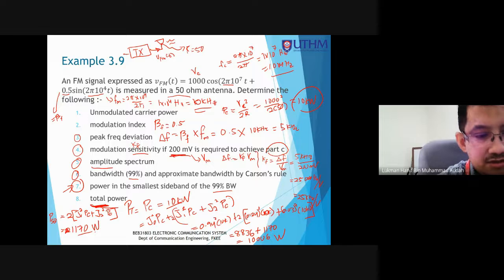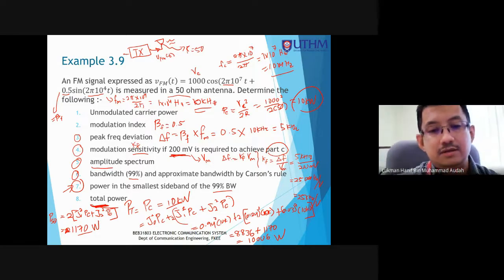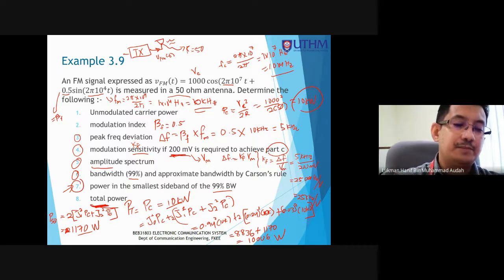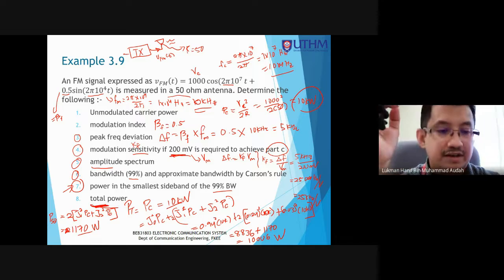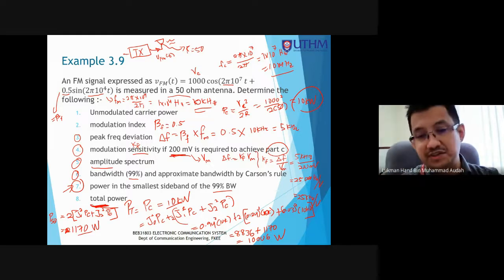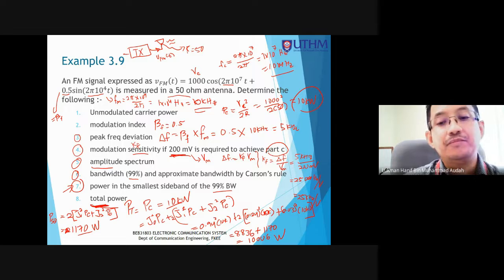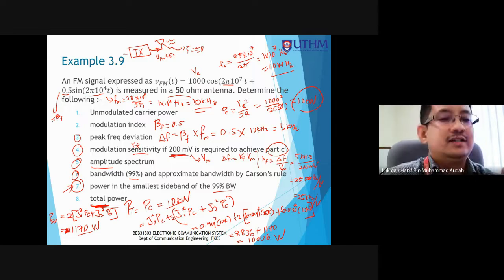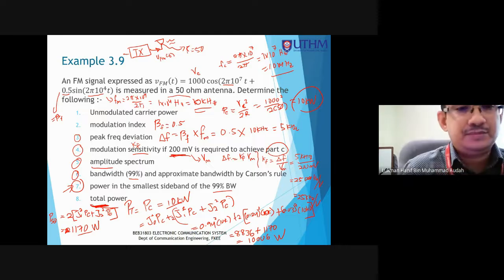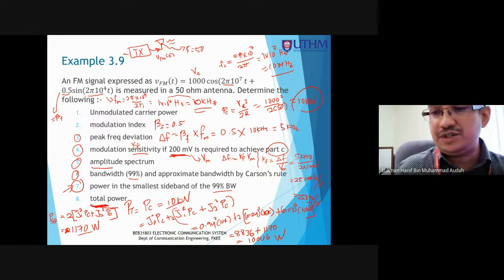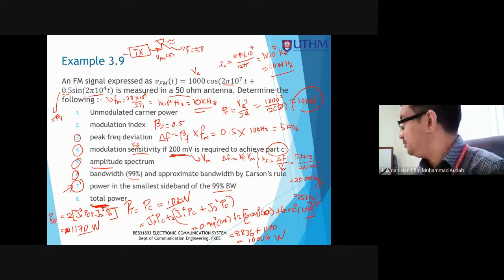Kalau ditanya sideband power. Kalau ditanya total power, kita kena kira semua sekali. If the question asks sideband power, that means only the sideband. Itu beza dia. Okay, boleh faham? Ada soalan nak tanya? If you have question, please ask now.